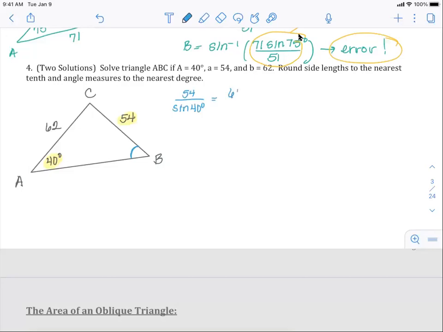So I have 62 over the sine of B. Now, you've seen a lot of these now, so you can get to the last step all in one shot. I know that B is going to be equal to the sine inverse of 62 sine 40 degrees over 54.